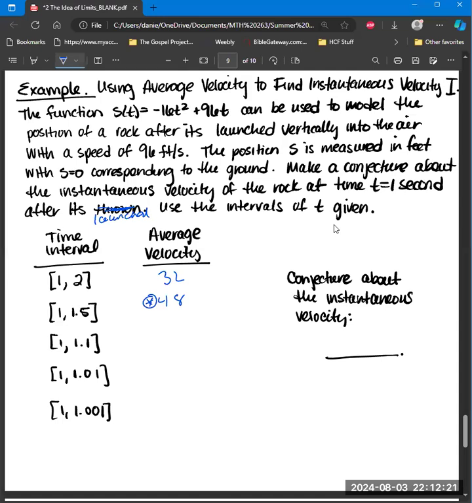Sorry, this is 48. We might want to find 1, 3, for example, would be 32. We might need that one. 56 is here. 62.4, 63.84. These are all in feet per second.